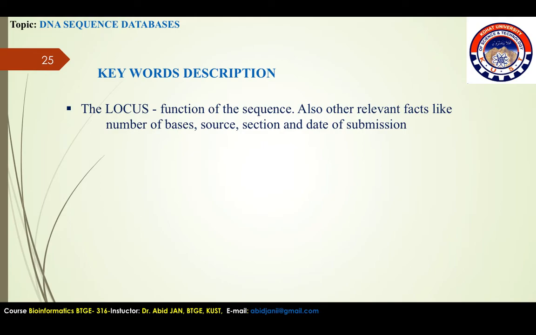This line summarizes other relevant facts, including the number of bases, source of sequence data, division of the database, and date of submission of entry. The DEFINITION line contains a concise description of the sequence.